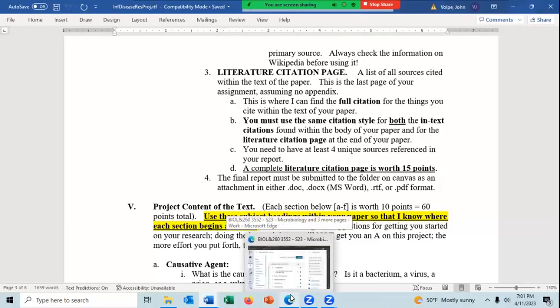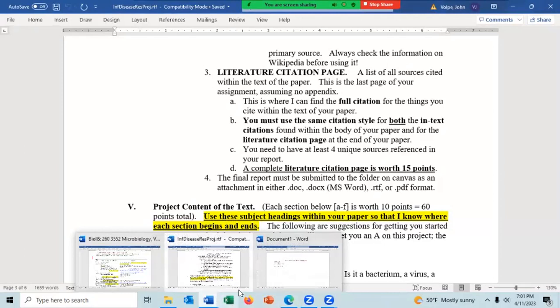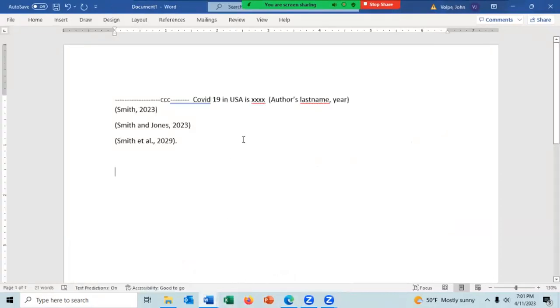Your plagiarism tutorial told you how to do a full citation. For example, for Smith, 2003, in the full citation, this is not an in-text citation, but a full citation, you would have Smith, 2023.